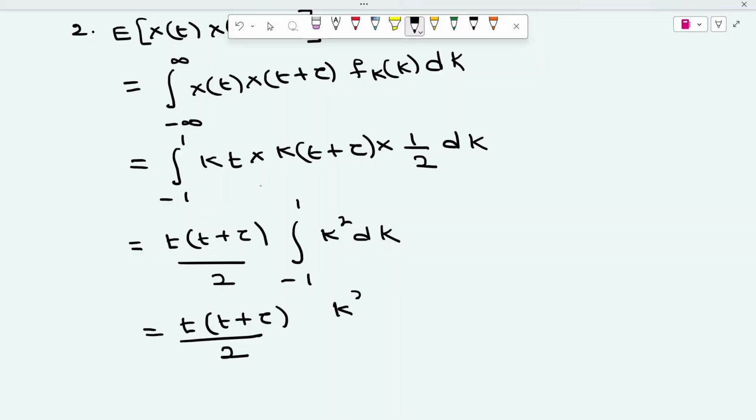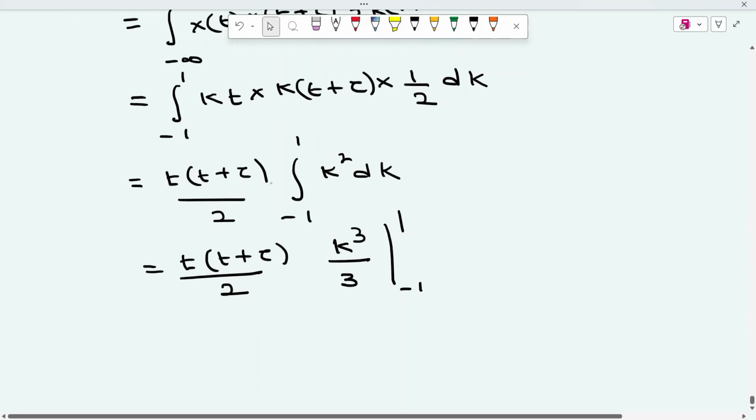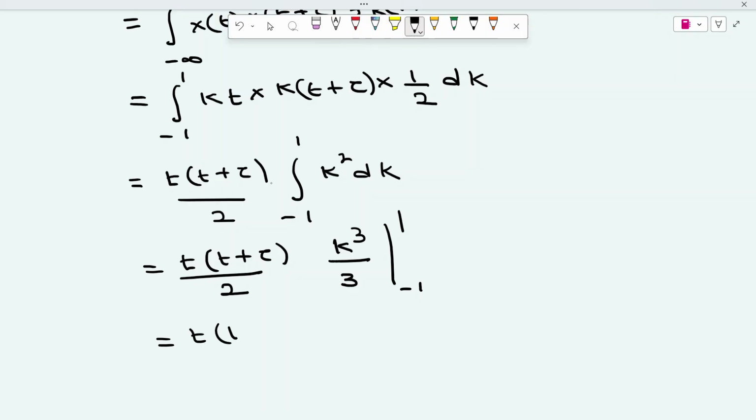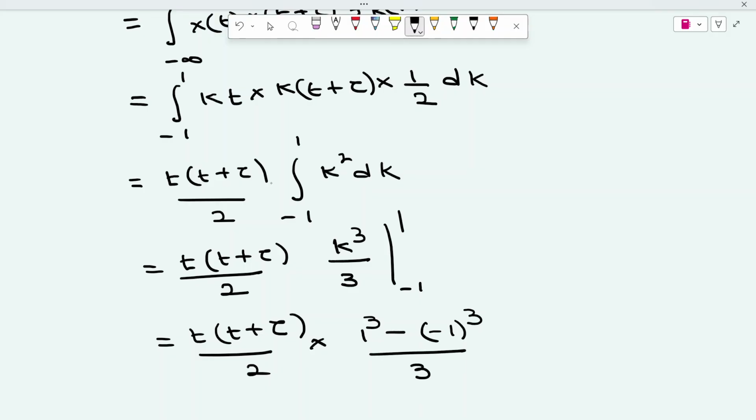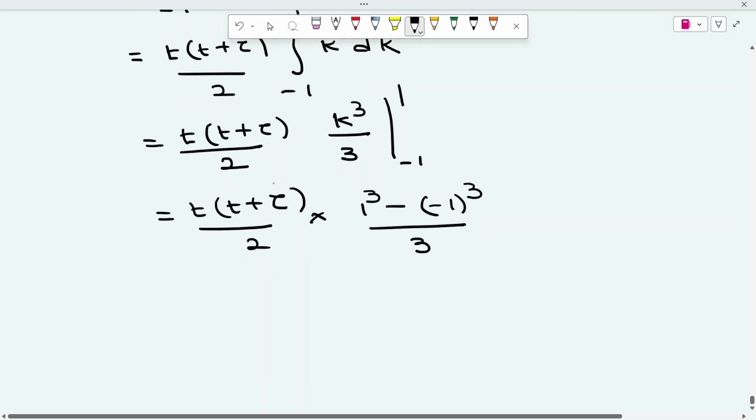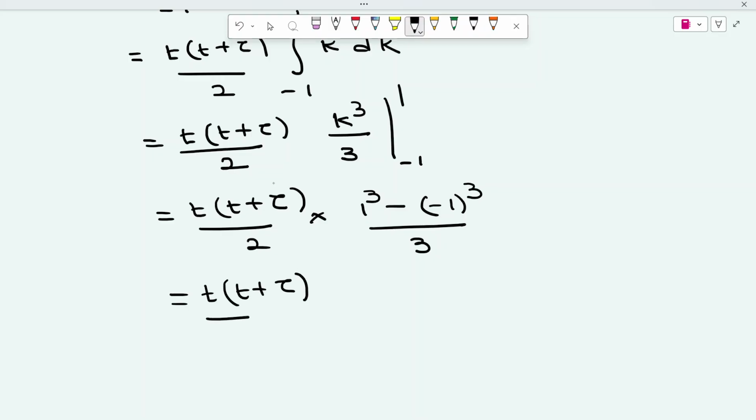So this is equal to t into t plus tau by 2. K square integration is k cube by 3, and the limits are -1 to 1. Now if we substitute the limits, t into t plus tau by 2 into 1 cube minus of -1 cube by 3. Further simplified, it is t into t plus tau by 2, and 1 cube is simply 1, minus of -1 cube is -1, so the minus will become plus, 1 by 3.